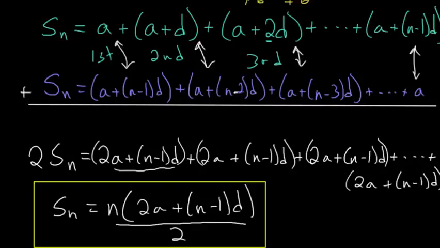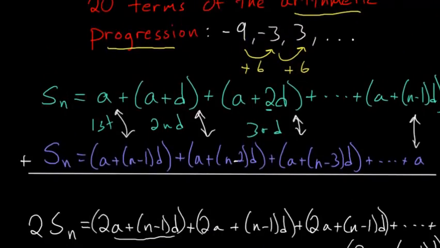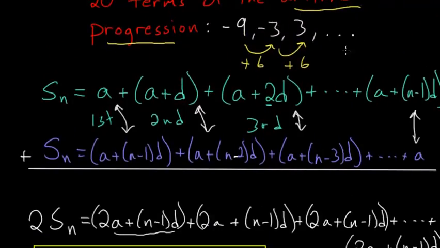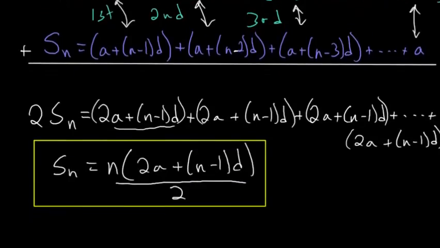So now all we have to do is apply our specific sequence. So we know that in this case our D is this 6 here. The number of terms we have, our n, is 20, and our starting value, A, is -9. So if we just plug these into our formula, we'll get the sum of the first 20 terms of this progression. So let's do that.